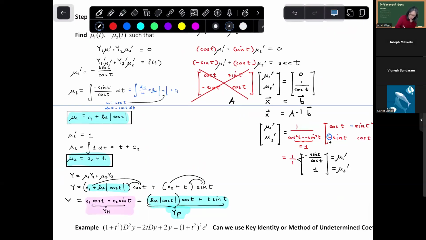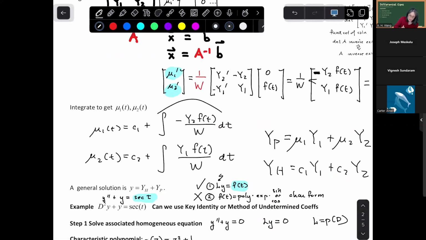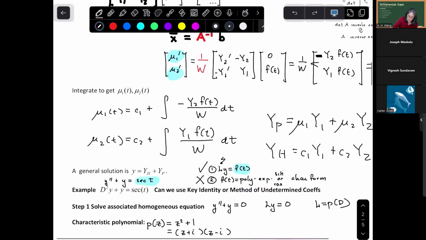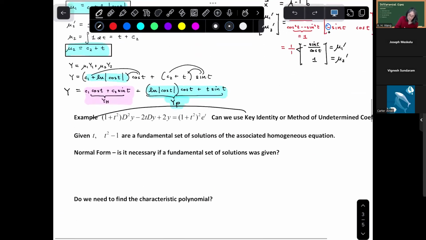Let's go through that process again. I'm showing you the process. You can also just memorize the formulas over here if you wanted to. You can memorize this formula, that would work. But don't forget that the Y2 and the Y1 are inverted, and then there's a negative in front of the first one. So let's take a look at this one.